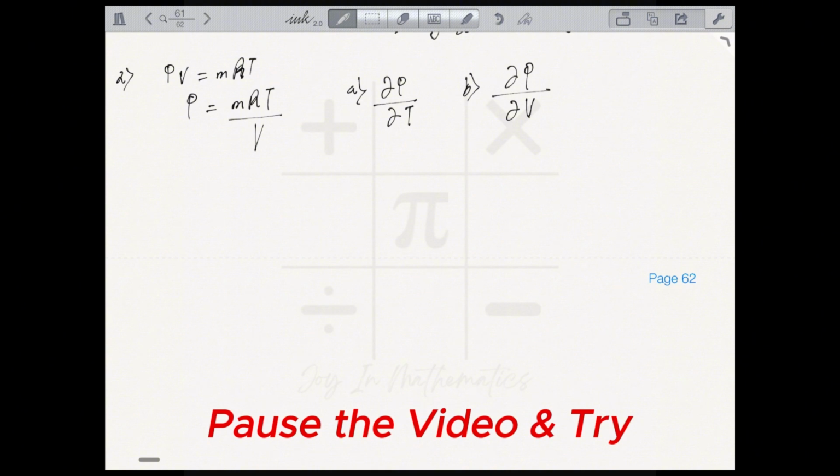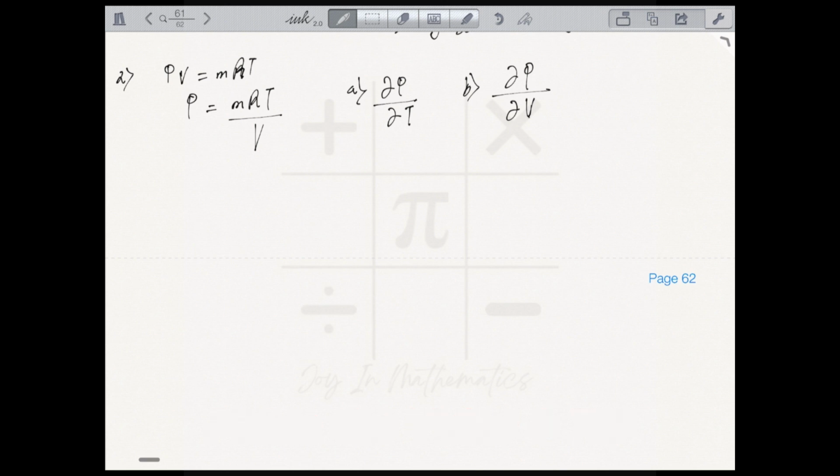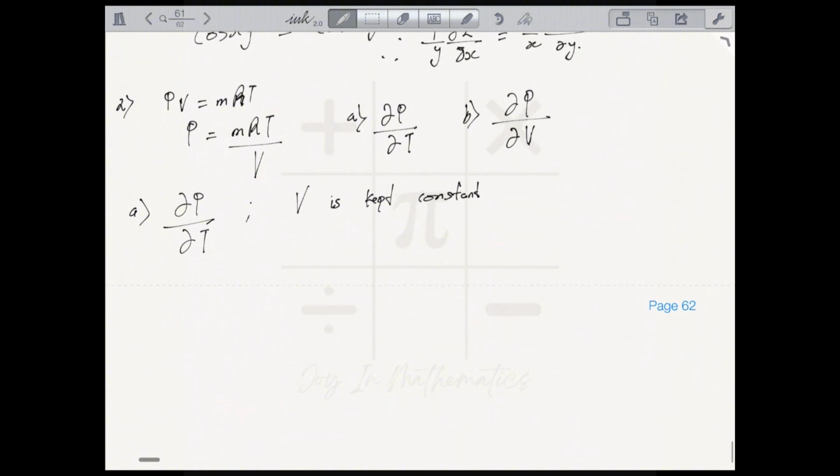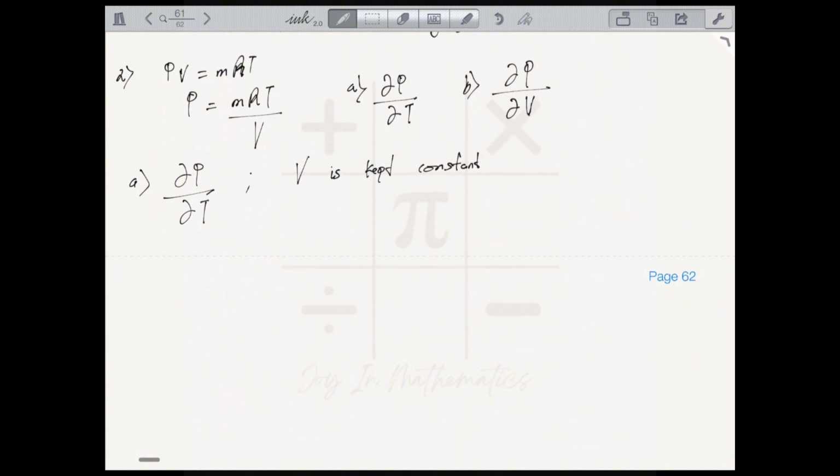Now with this done, let's start with the partial derivative of P with respect to T. Therefore, in this case, our V is kept constant because we know that P here is a function of both temperature and volume.